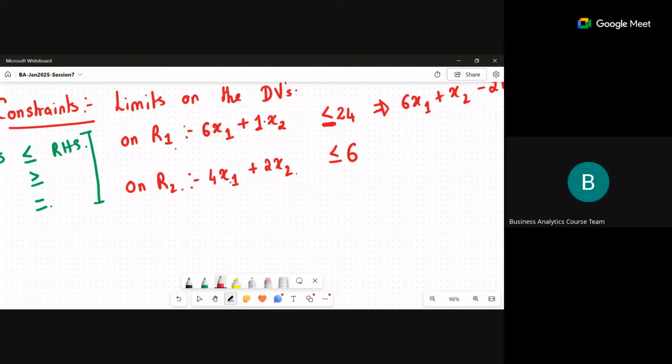For every car that I produce, I'll consume 4 units. For every doll that I produce, I'll consume 2 units. So based on the number of cars and dolls that are recommended, the total should always be less than or equal to 6. I can go up to 6 or I can go for a number that is smaller. Everyone with me so far? Any doubts?